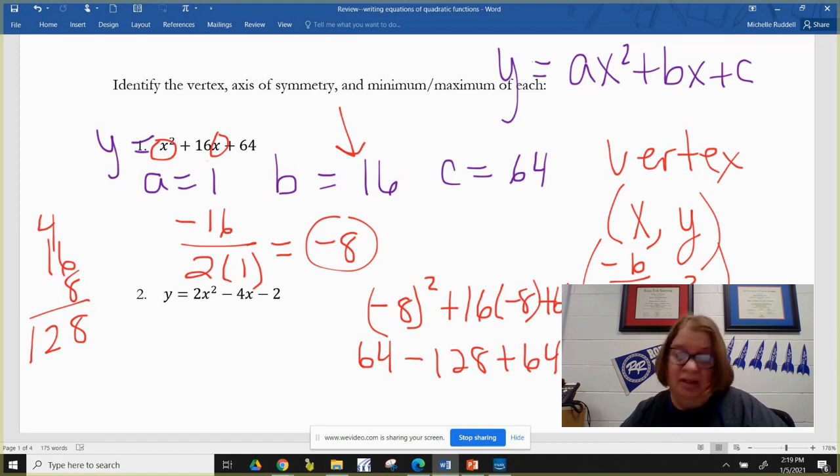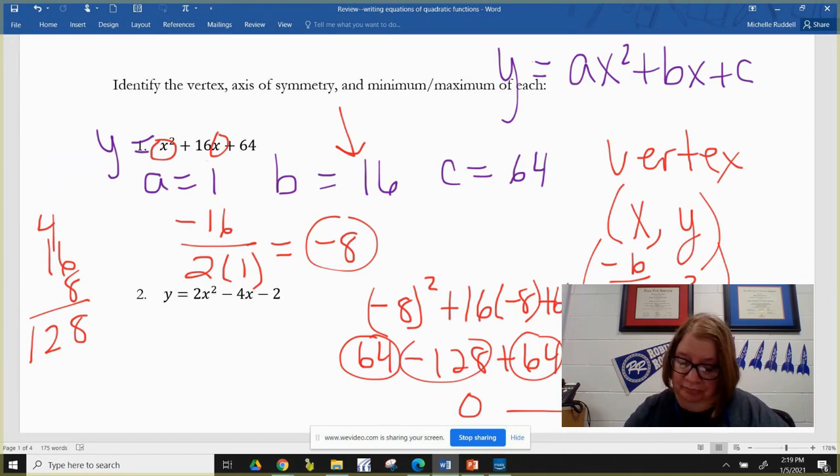Again, you can use your calculator here, but I know 64 plus 64 is 128 minus 128. That's 0. That 0 goes here. So your vertex is negative 8, 0.